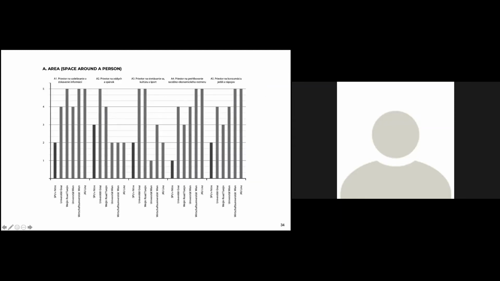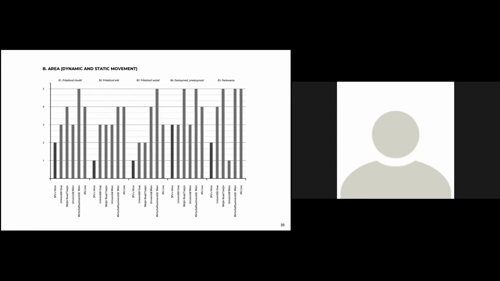Okay, here you can see why. So in the first category, space around the person, we need to do some improvements in socioeconomic values and places for meeting, culture, and sport. In the case of dynamic and static movement, we need to improve the space for sitting and standing, and also parking.